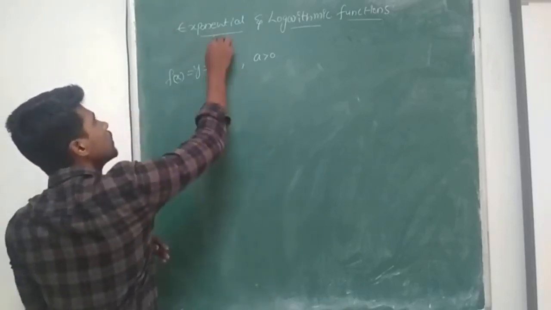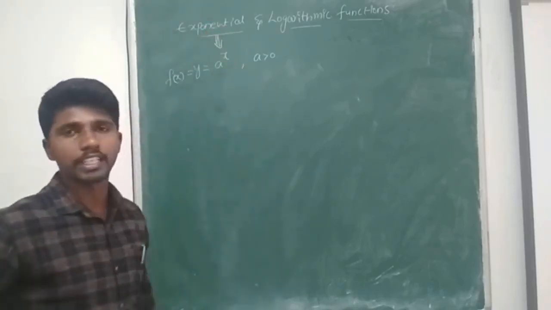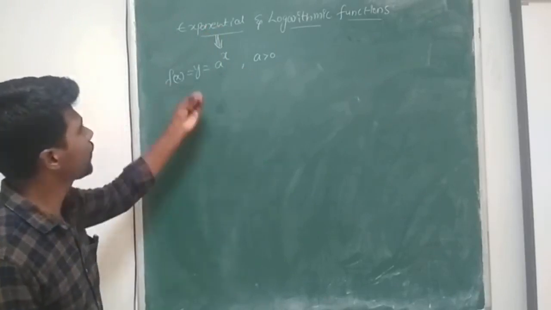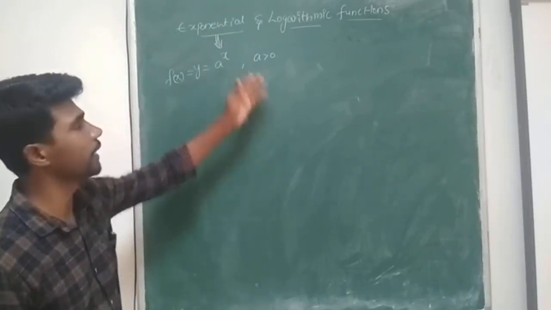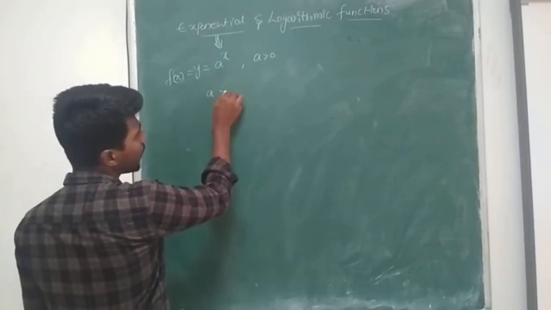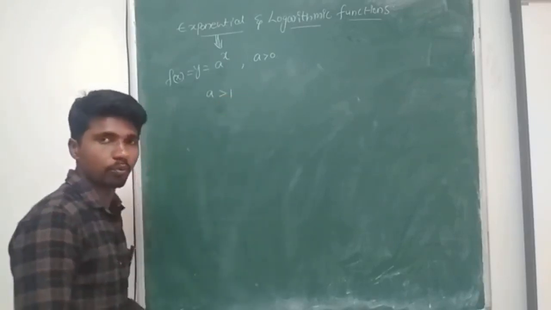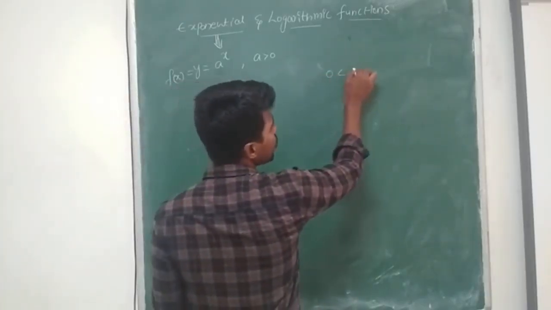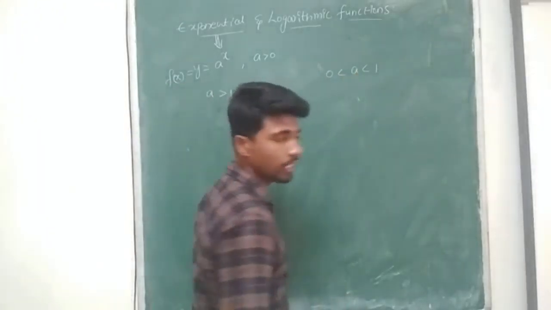What are those? General exponential function. So how do they behave? The behavior of an exponential function depends on a. If the value of a is greater than 1, they behave in one manner. If the value of a lies between 0 and 1, then they behave in another way.